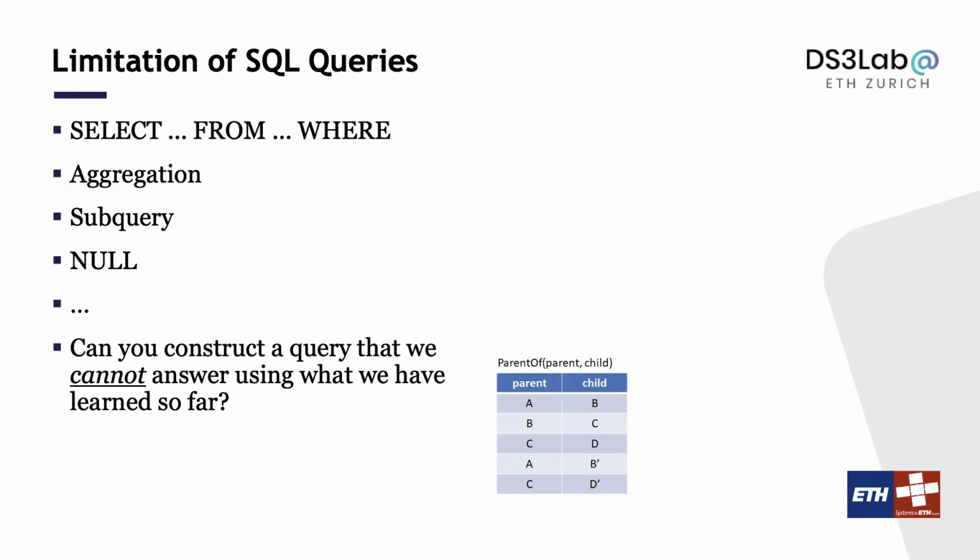You have a parent-of relation with 2 attributes. The first attribute is parent, the second attribute is child. Essentially, the data you store in this relation is which person is which person's parent, okay? And then what if I want to ask a query to say, give me all the ancestors of person D? How would you write such a query using all the concepts that we have learned so far?